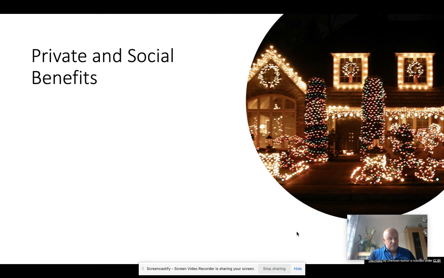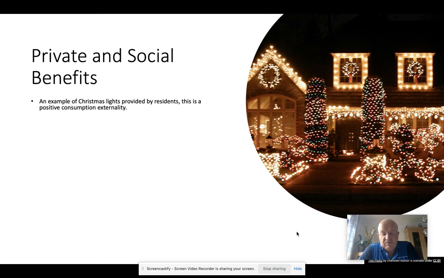So we've talked about that in quite a lot of detail. In terms of private and social benefits, let's take a look at that in a little bit more detail now then, okay? So here's an example of private and social benefits, okay? So here we've got a rather lovely Christmas scene, where the Christmas lights provided by residents actually give some positive production externalities, okay?